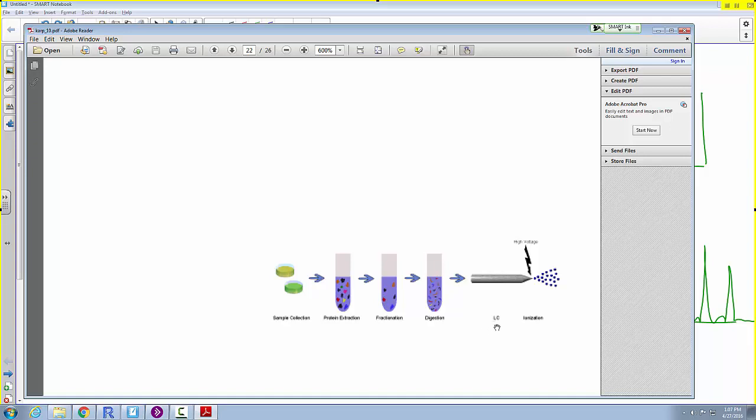Liquid chromatography is a chemical technique that allows you to spread out molecules in terms of some chemical property, like hydrophobicity.